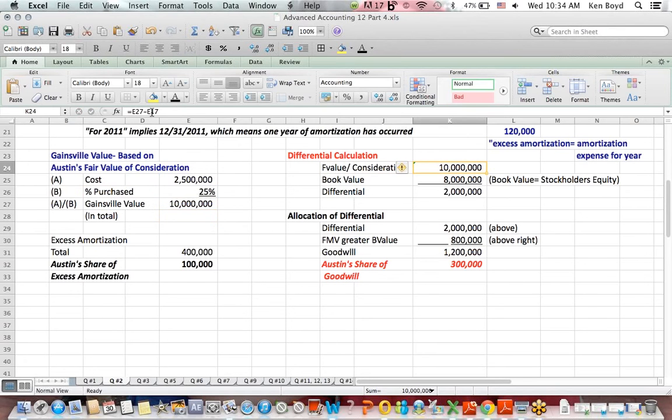So if the fair value in total is $10 million, and the book value that I'm given in the question is $8 million, again, book value, equity, net assets, they may use the terms interchangeably, the entire differential is $2 million, the difference between fair value of the consideration in blue and the book value in green. So how do I assign that differential?